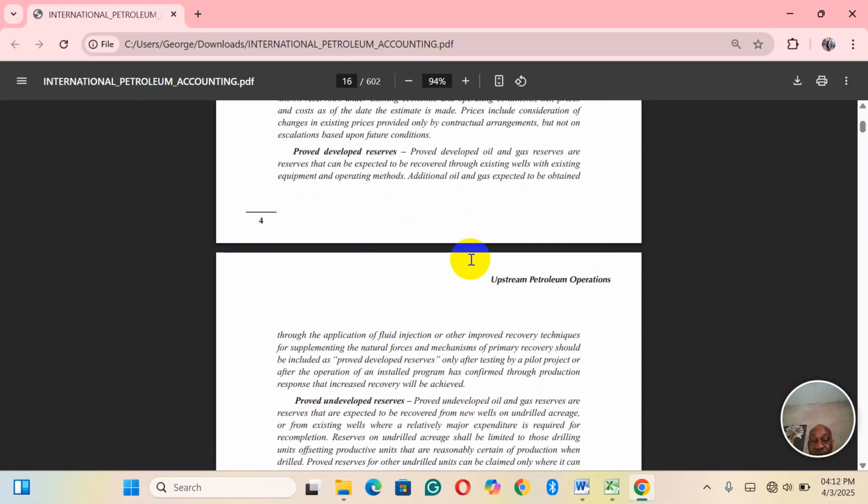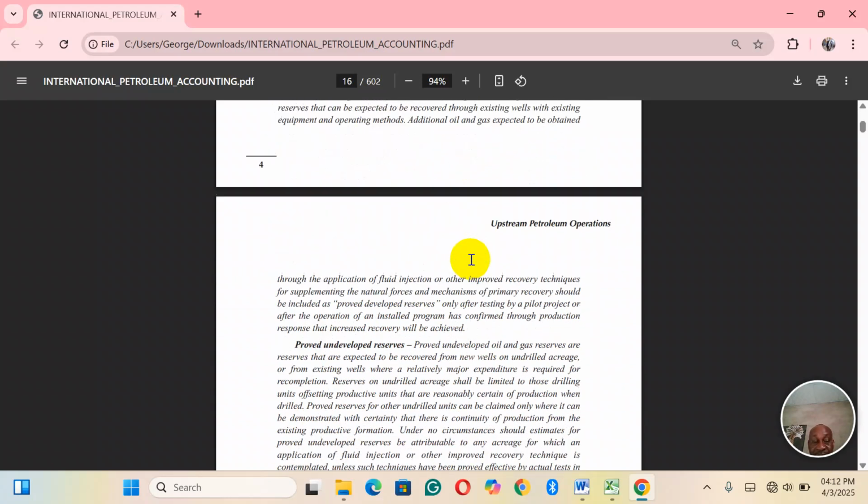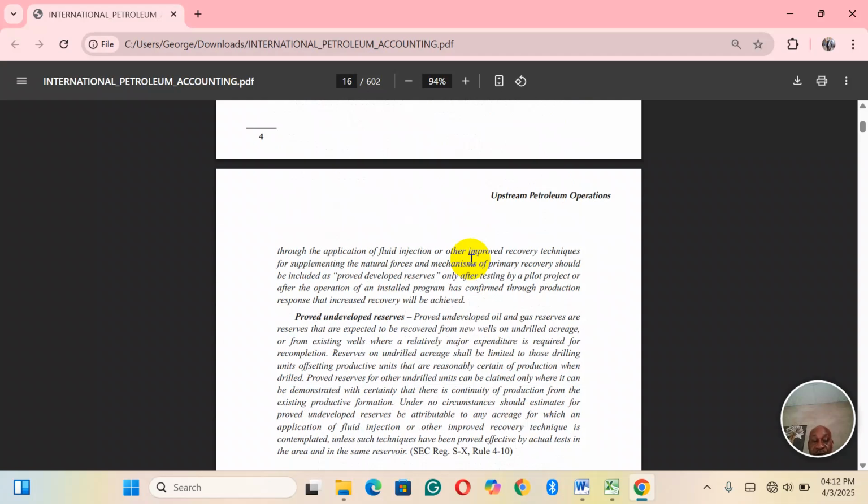Additionally, oil and gas expected to be obtained through the application of fluid injection or other improved recovery techniques for supplementing the natural forces and mechanisms of primary recovery should be included as proved developed reserves only after testing by a pilot project or after the operation of an installed program has confirmed through production response that increased recovery will be achieved.